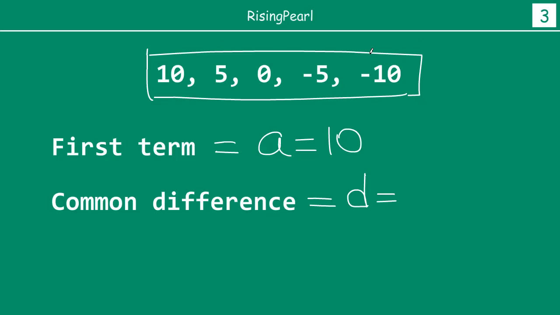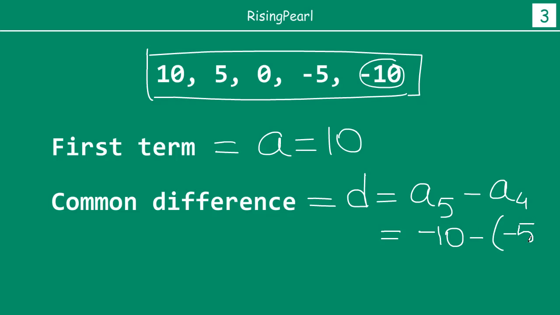Let's say we take this term, which is 1, 2, 3, 4, 5, so this is a5 minus a4. a5 is minus 10 and a4 is minus 5. So we will get minus 10 plus 5, or in other words, minus 5. So the common difference for this arithmetic progression, represented by lowercase d, is minus 5.